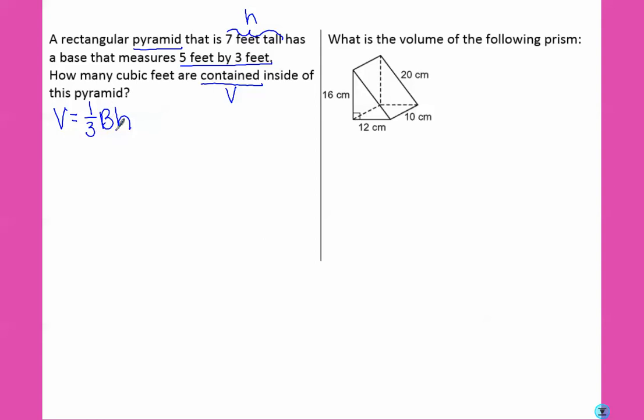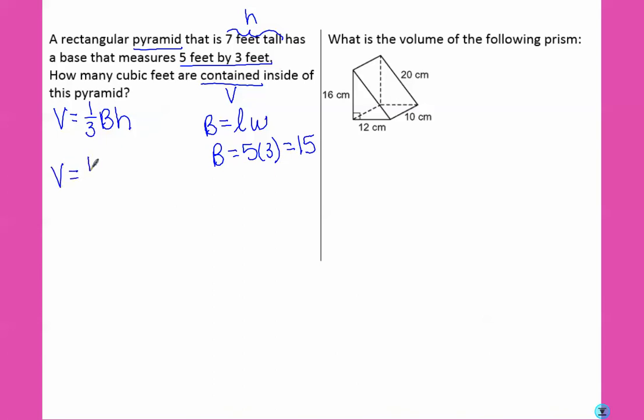So before we can start with our volume formula, we need to find the area of the base. Since it's a rectangular pyramid, we know the base is length times width, which in this case is 5 times 3, which is 15. So now we can plug into our volume formula.